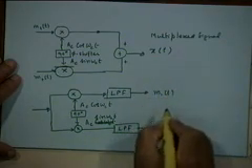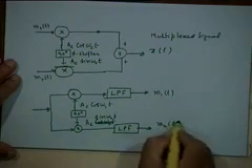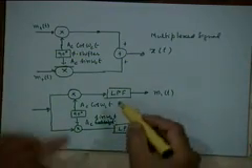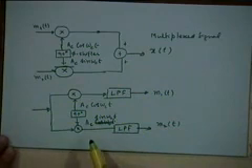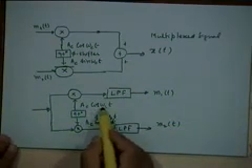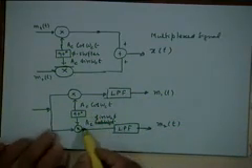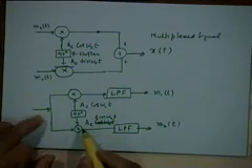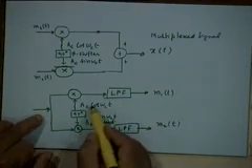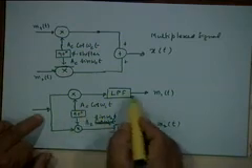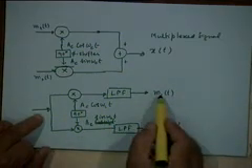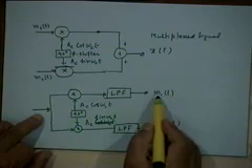This will give the message waveform m1(t), and this will give m2(t). And there will be no interference, since there is a phase difference of 90 degrees between the second carrier and this carrier, this will not produce any output in this path.